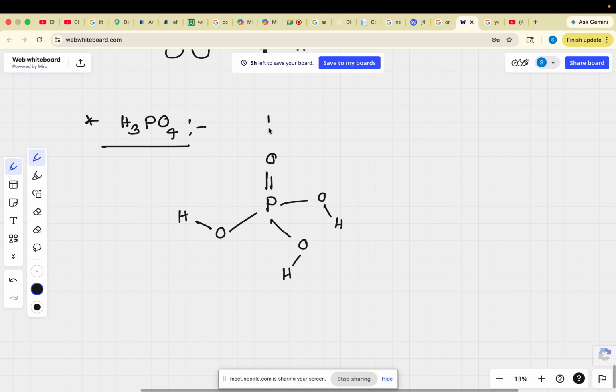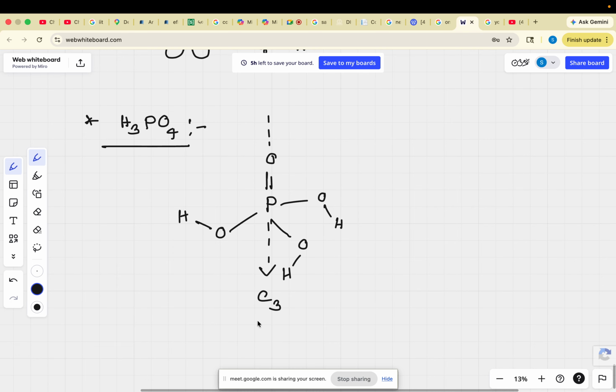Now if you rotate this molecule by 120 degrees through the C3 axis, you will get an equivalent structure. So C3 is the principal axis here.